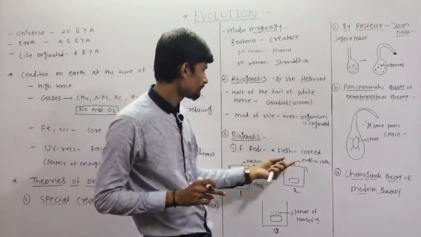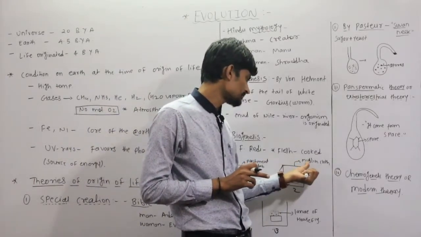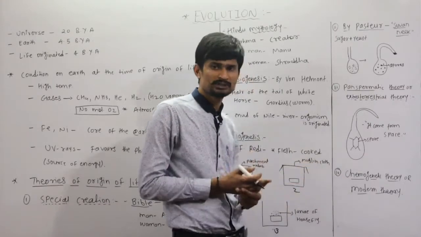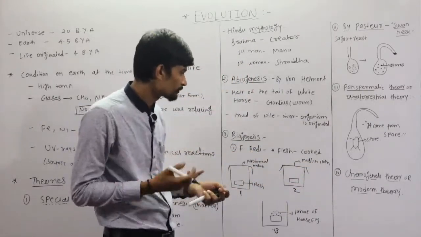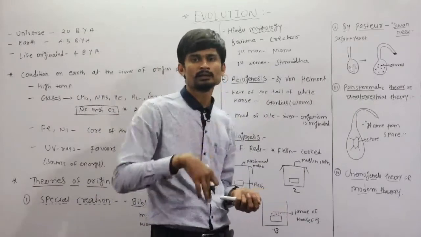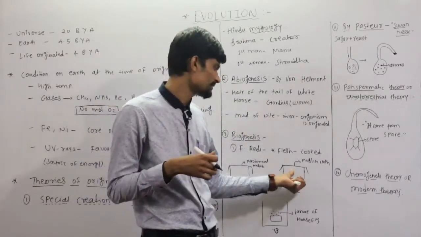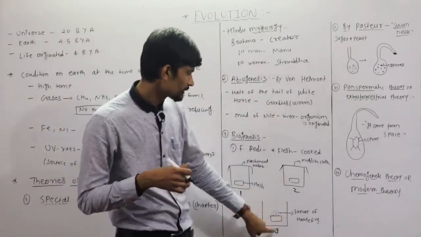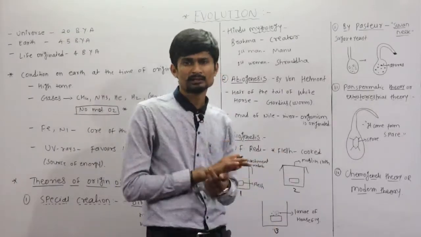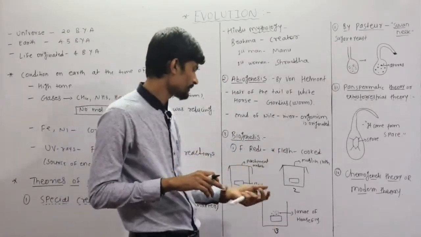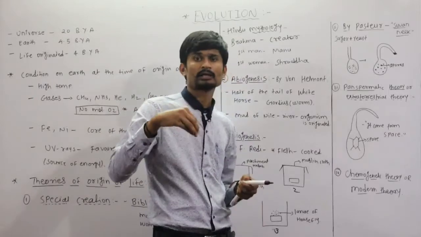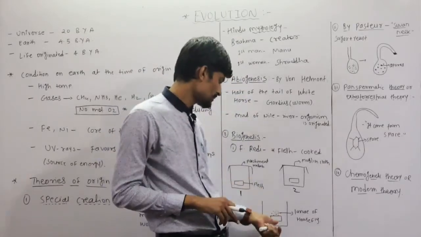Again, the second container is covered with a cloth, that is muslin cloth, so again there is no chance of entry of any foreign organism into the flesh. And the third container is open, there is no covering, so there is a possibility that a foreign organism can enter this flesh.